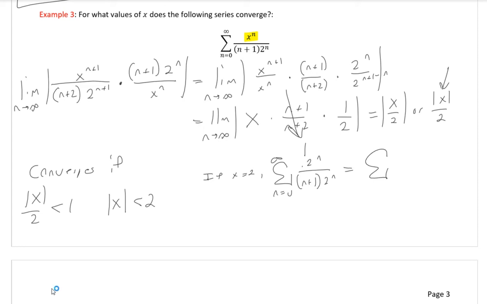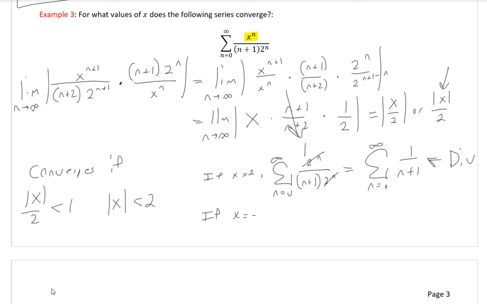That will just cancel those out, and we have 1 over n plus 1. This 1 over n is comparable. In this case, you would want to compare it using the limit comparison test. But this is comparable to the harmonic series. So this, we know, is going to be divergent because the harmonic series diverges.